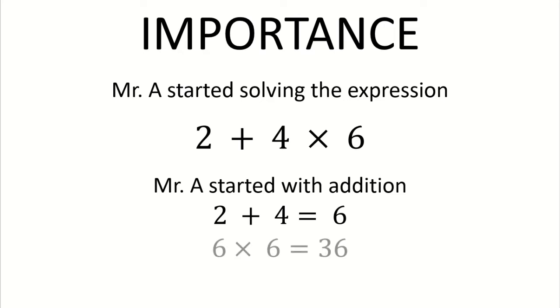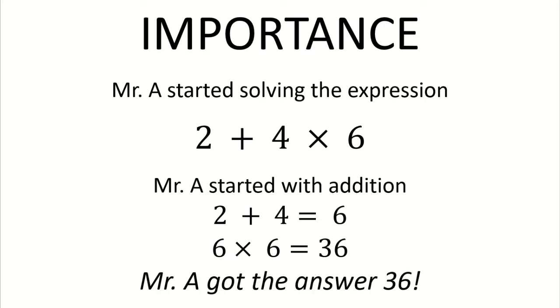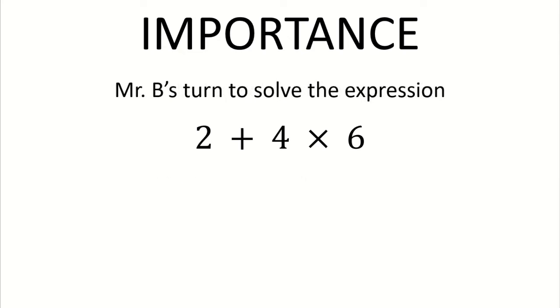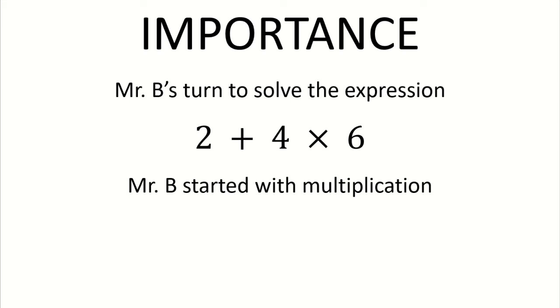Then, to finish off solving the expression, he multiplied the answer of the addition, which is 6, with the other 6 in the expression and got 6 sixes are 36. On the other hand, Mr. B, who thinks he is smarter than Mr. A, started solving the expression by doing the multiplication first.